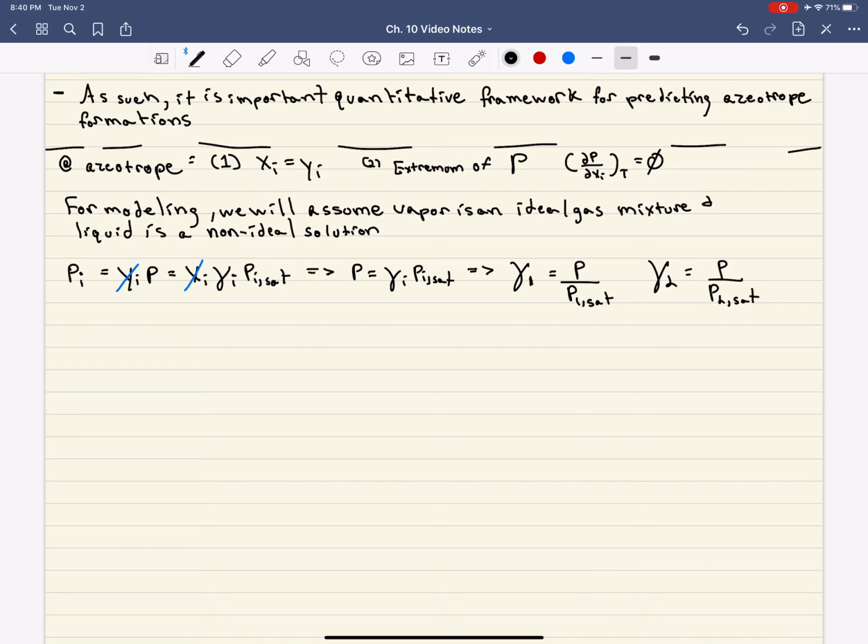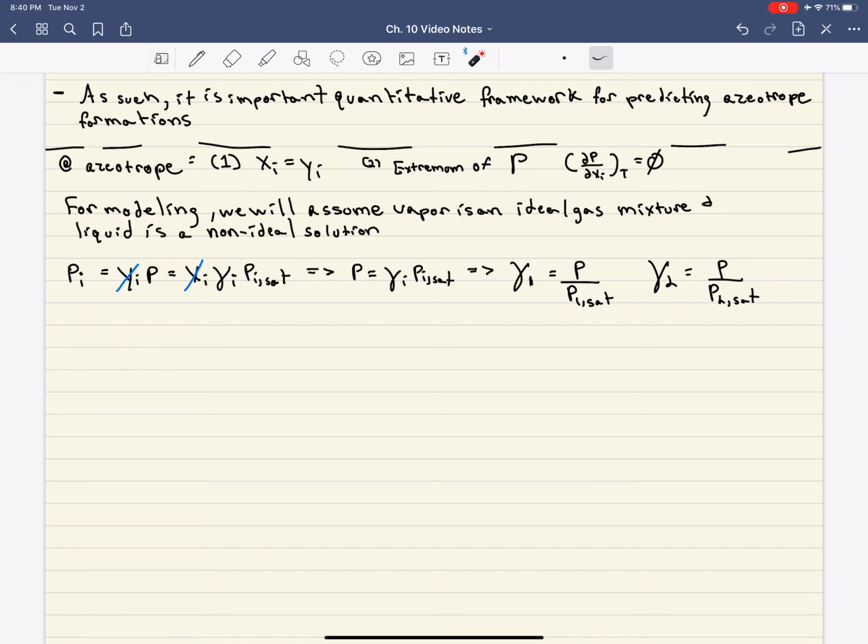So we've already gained some insight into the system: at the azeotrope, the activity coefficients are just equal to the ratio of the total pressure over the saturation pressures.